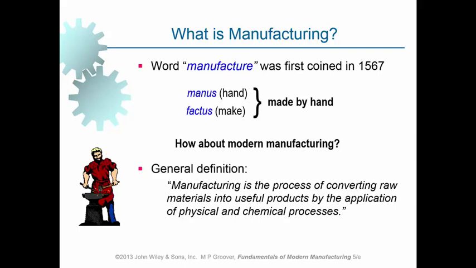A general modern definition is given in this slide, that is, manufacturing is the process of converting raw materials into useful products. Of course, we've got to make use of physical and chemical processes in order to make this possible.